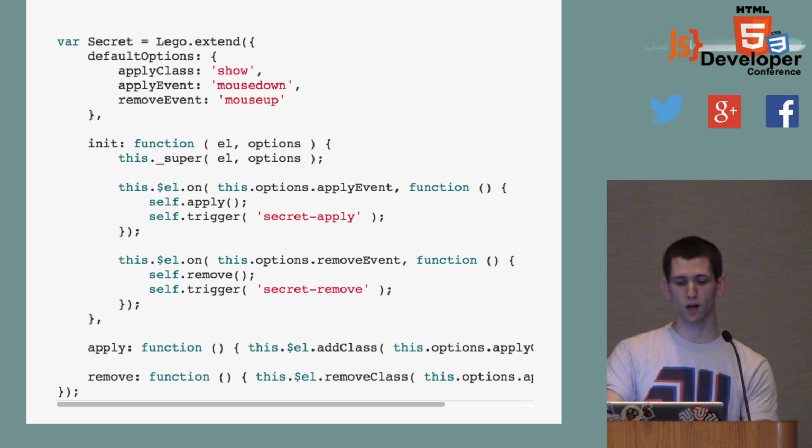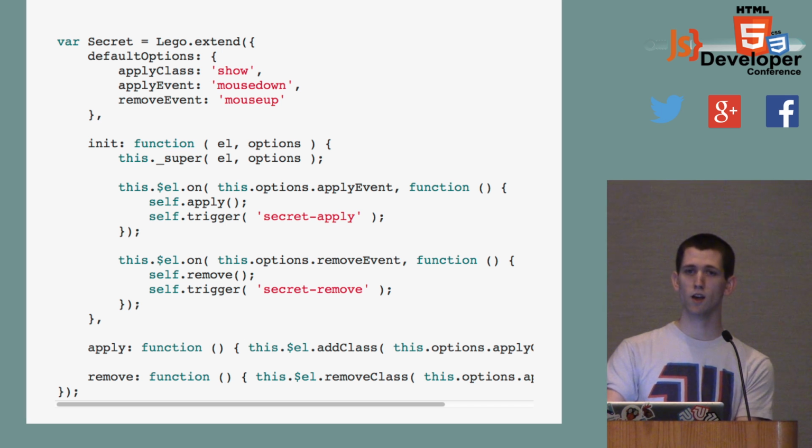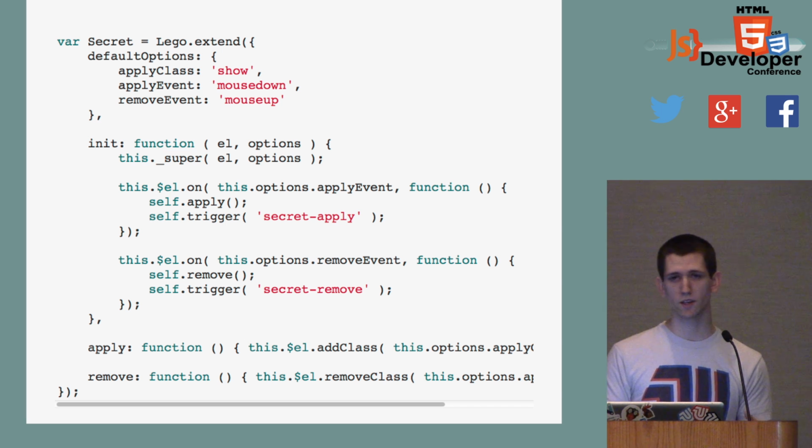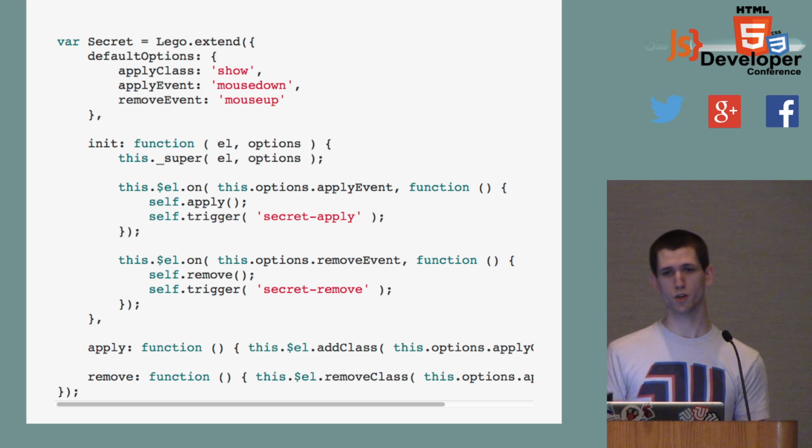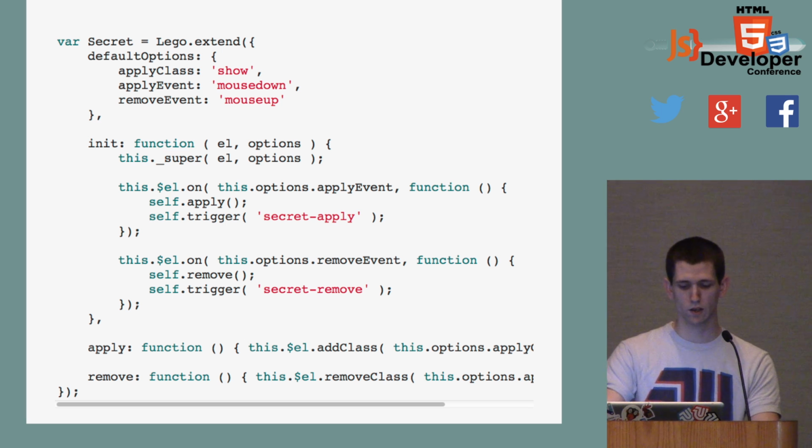Then the next thing I do is trigger an event. So now I'm triggering this event called secret-apply, and any other part of my site or application can listen for that event and do something with that information. Like, oh, this component just applied its class. Maybe I want to change my state or do something in response. And then I do the same thing for remove. I'm binding to an event, again it's a lookup, calling remove, which is removing my class, and I'm triggering a separate event, secret-remove.